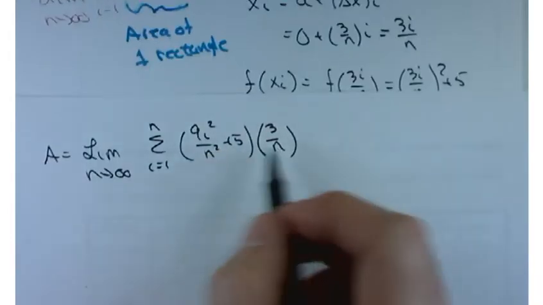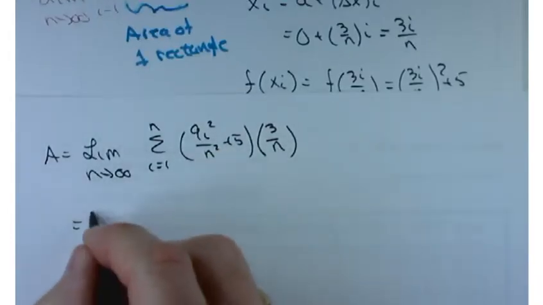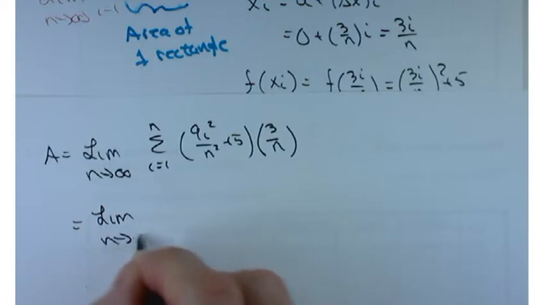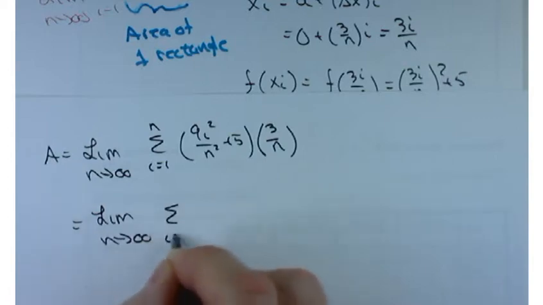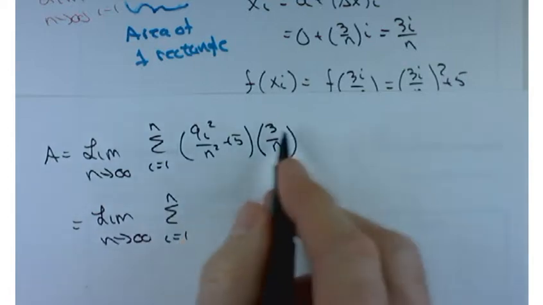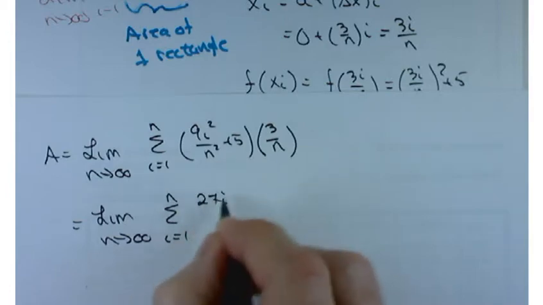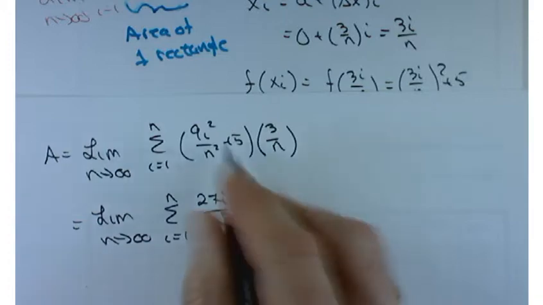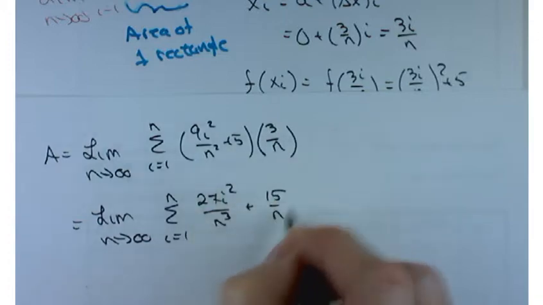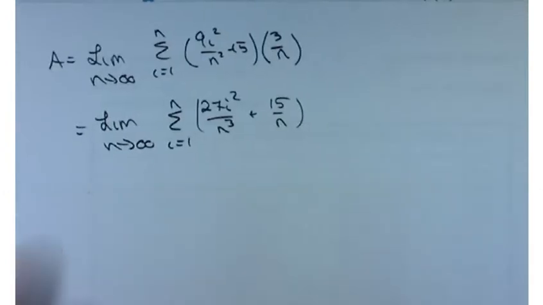Well, I'll distribute this and turn it into the limit as n approaches infinity of the sum from i equals 1 to n of 27i squared over n cubed plus 5 times 3, which is 15, over n. And I'm going to split this up.